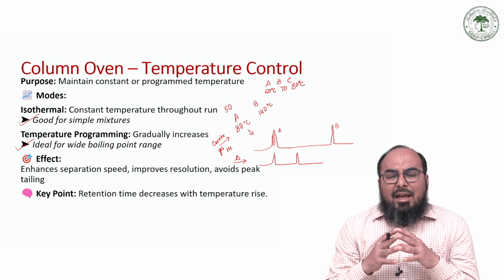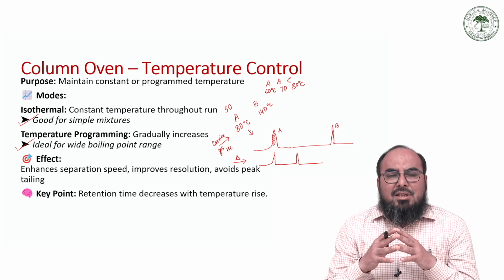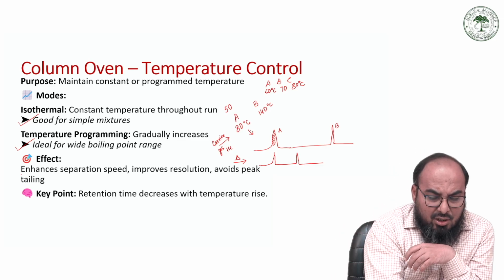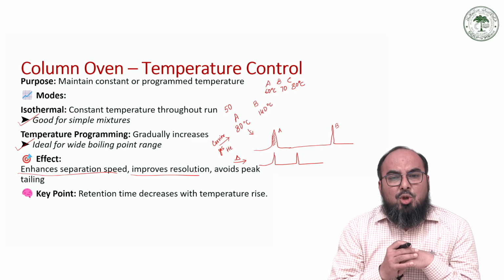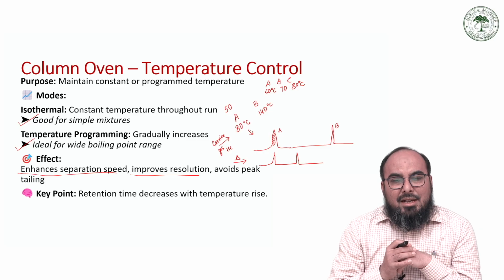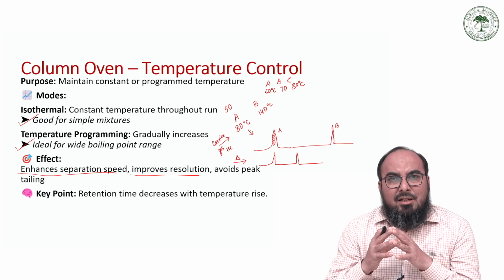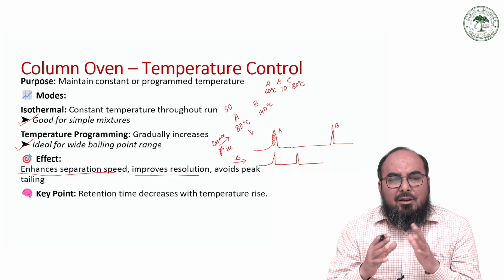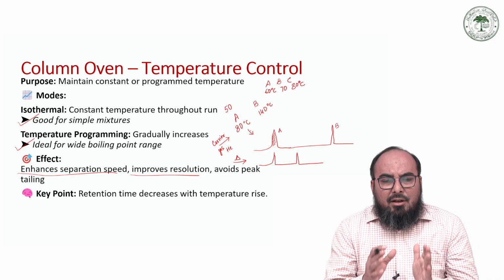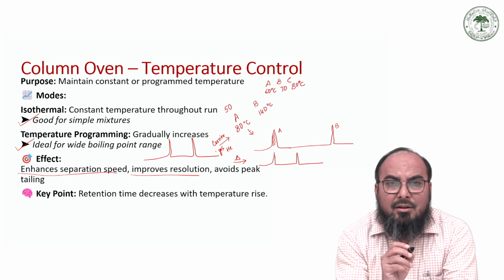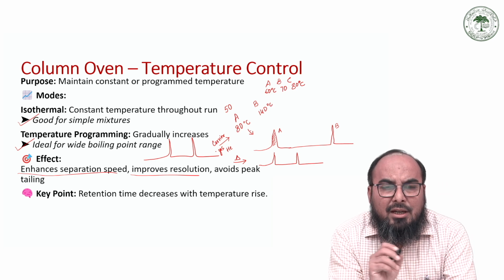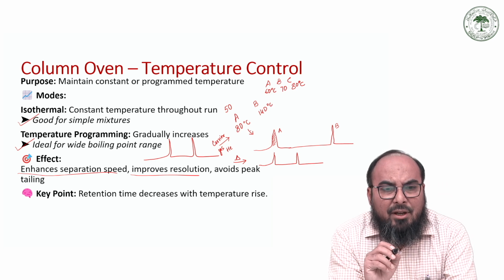So again, what has temperature done? Temperature has actually increased your separation speed, and of course it has improved the resolution. The resolution improvement means that now you have very good peaks coming after certain times, that is, there is no overlapping of the peaks.